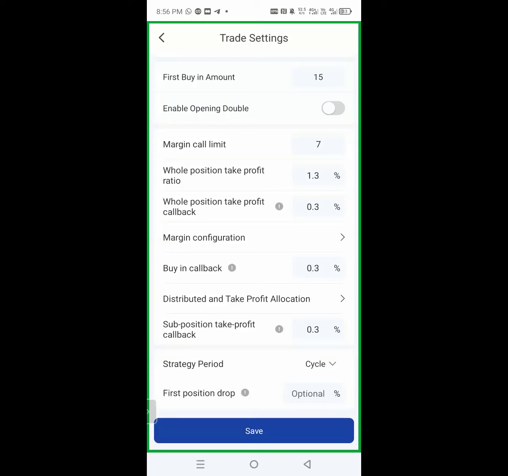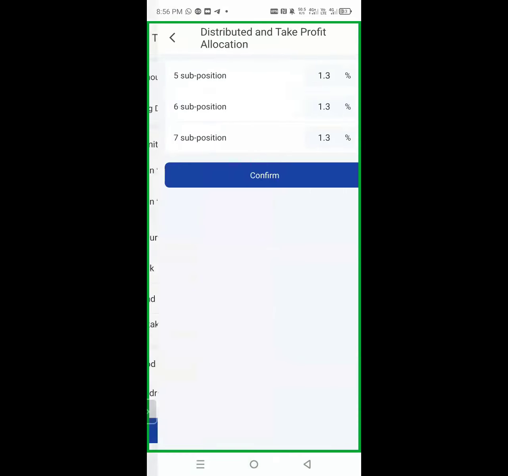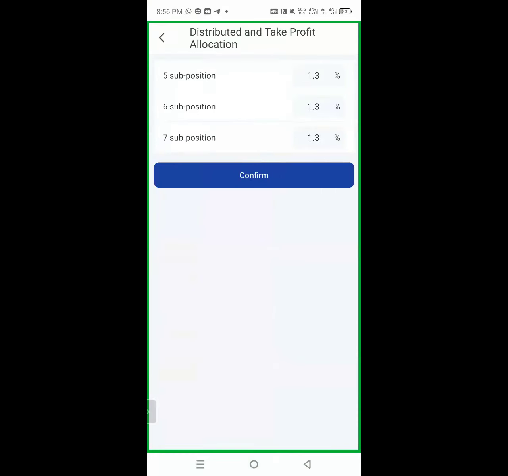You understand? Now we are using seven margins. You see that margin 5, margin 6, and margin 7. After the robot buys margin 5, margin 6, margin 7, if the trade starts increasing, the robot will sell margin 7 independently. It will give you, let's say for this example now, 1.3% off $10.